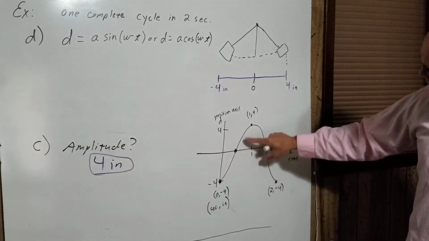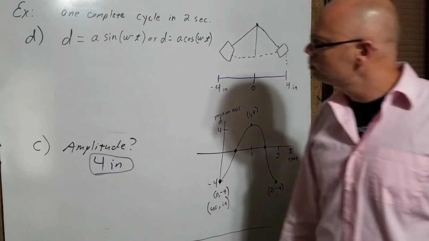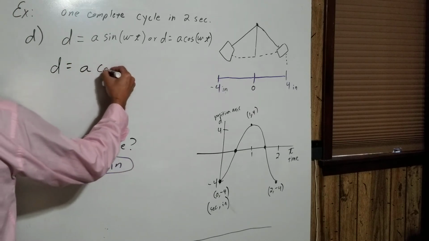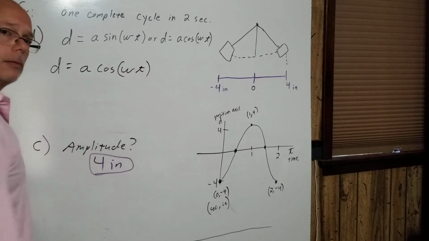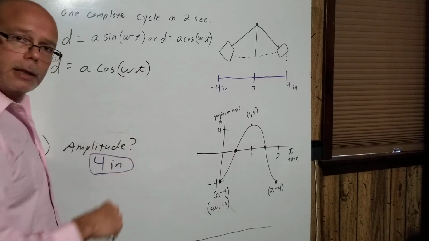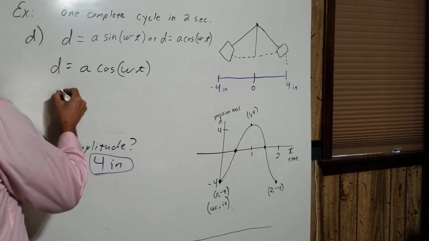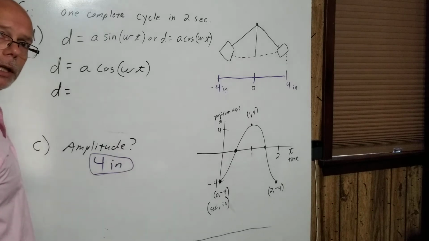Well, what does this fit best? It fits the cosine function best, right? So I'm going to use D is equal to A cosine of omega t. Don't let that omega scare you. That's basically what we called B before. Alright, so D is equal to A. What would A be in this case? The amplitude?